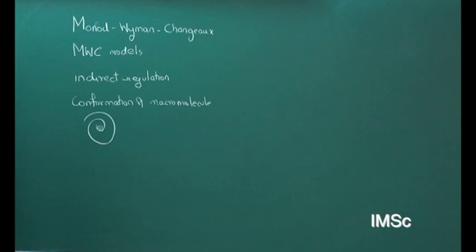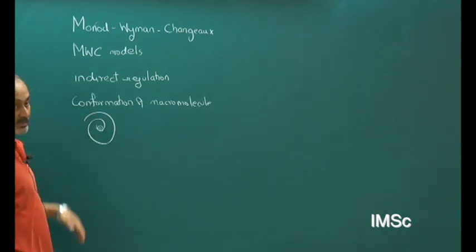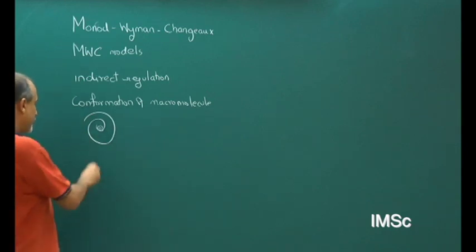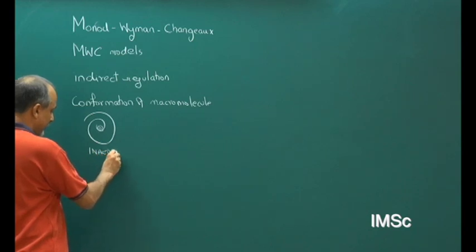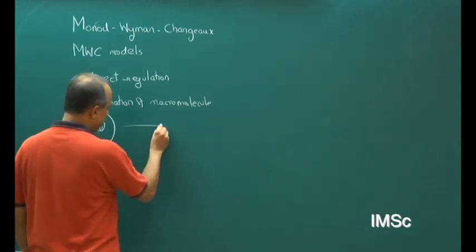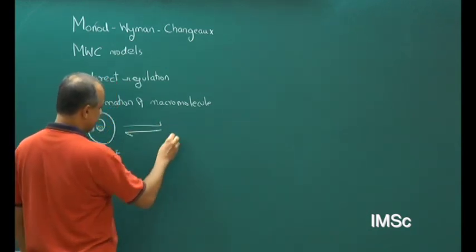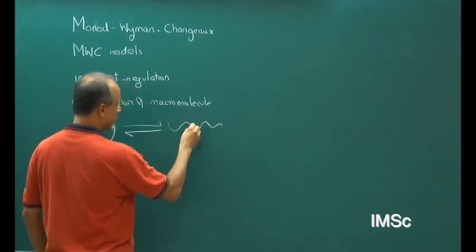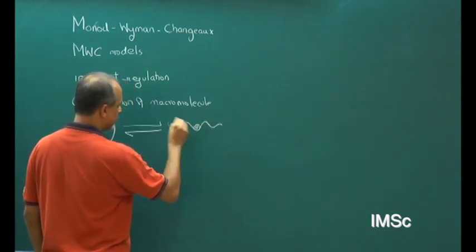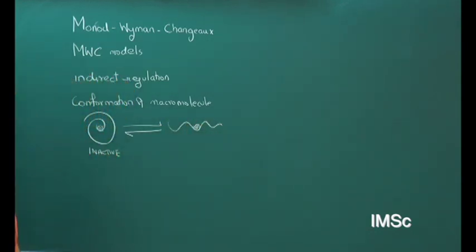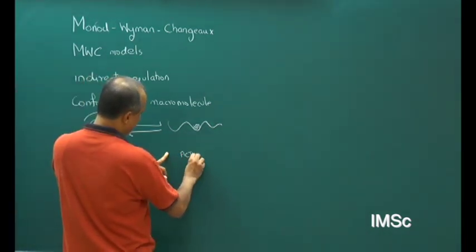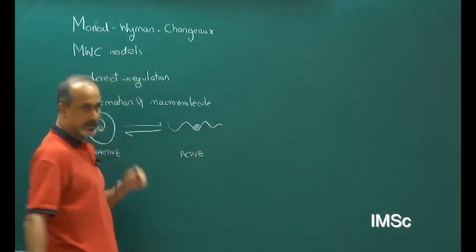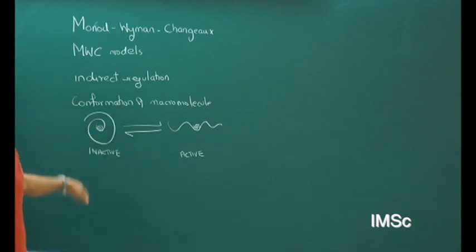So it's bent or twisted in such a way as to hide this. So you might call this an inactive state. And there is some rate at which this inactive state is unfolded out so that this particular site is exposed. So now it's active and can participate in certain biochemical reactions which it could not in this state.